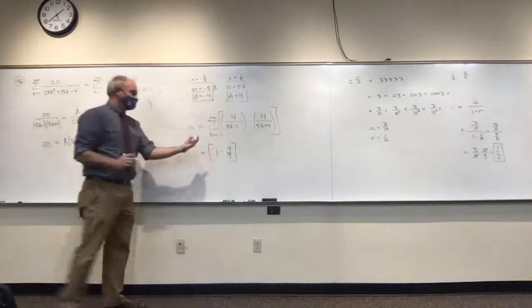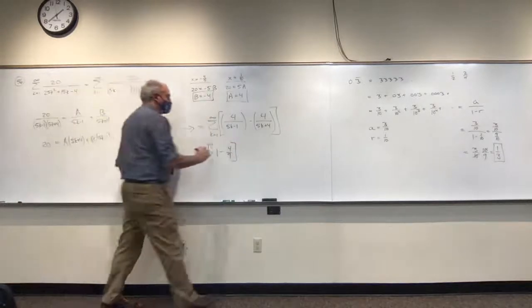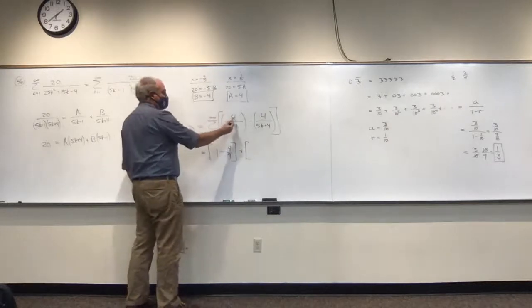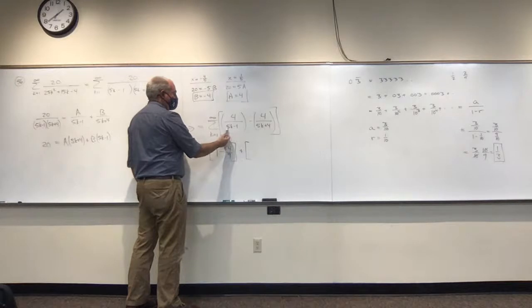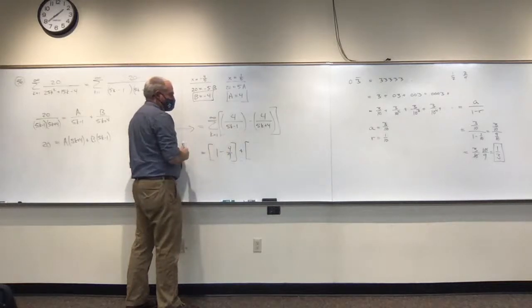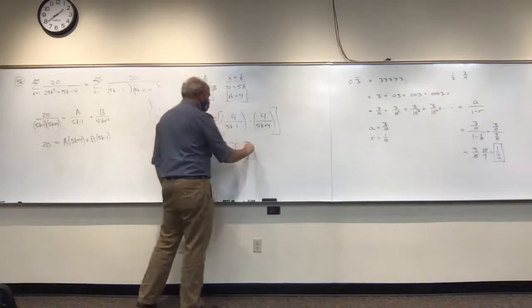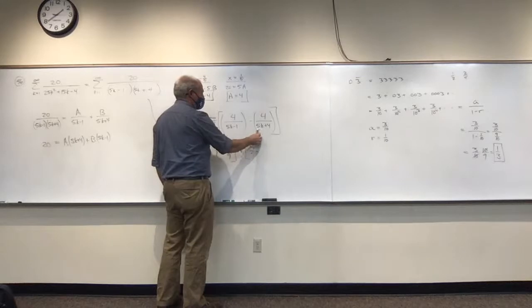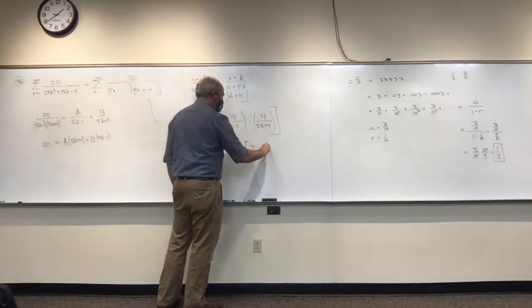And again, don't combine them. That is not helpful. Plus, now let's plug in 2. I get 2 times 5 minus 1 is 9, so it's 4 over 9, minus, 10 plus 4 is 14, so 4 over 14.